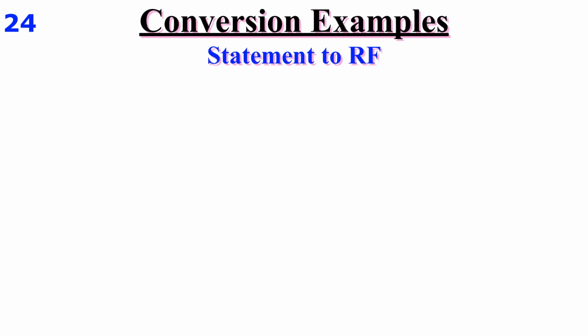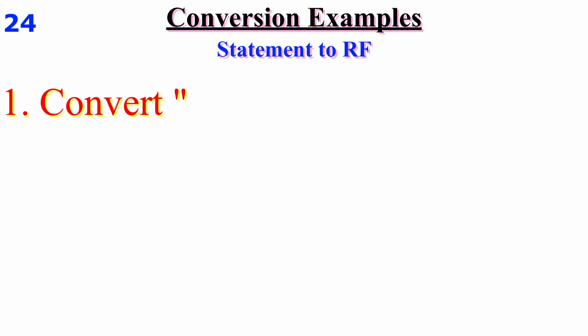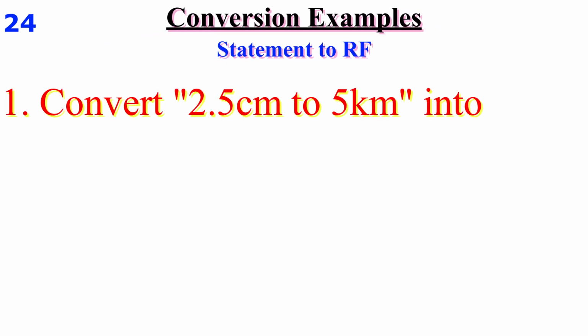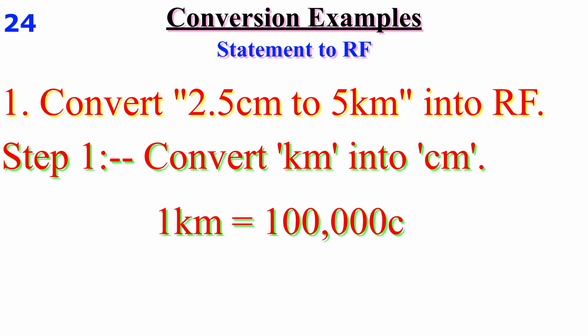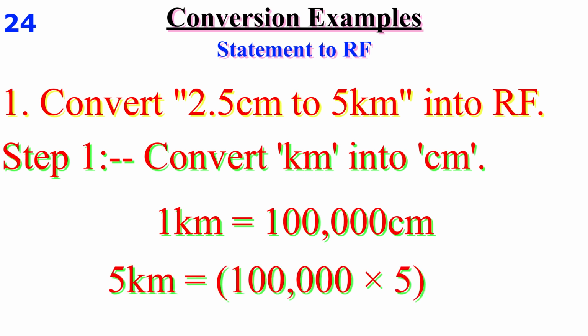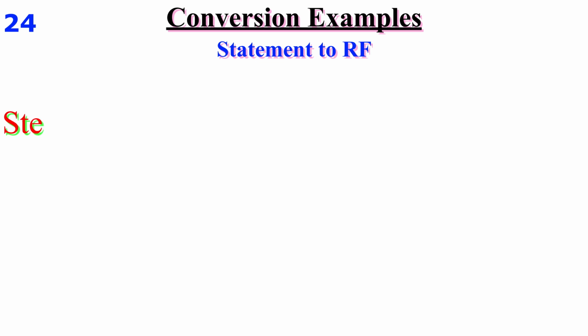Number 1. Convert 2.5 cm to 5 km into representative fraction. Step 1. Convert km into cm. 1 km equal to 100,000 cm. 5 km equal to 100,000 into 5 cm. Step 2.